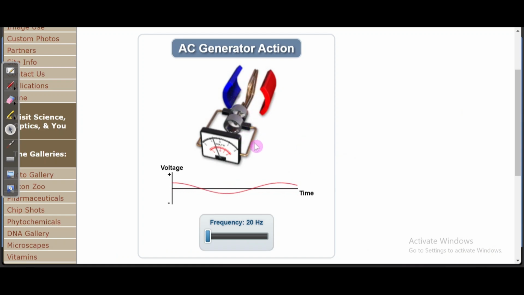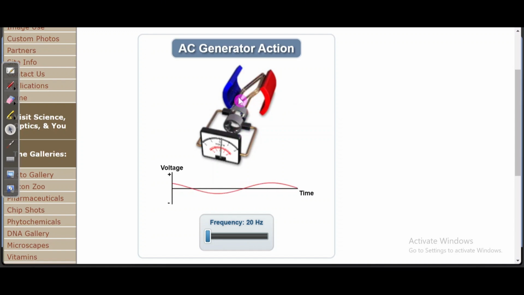So here we have that same scenario. This is actually an AC generator, and here we have the north pole and this is the south pole of the magnet, and between these two magnets we have the coil, and that coil is vibrating. So when the conductor is vibrating inside the magnetic field, an EMF will be induced in that conductor.